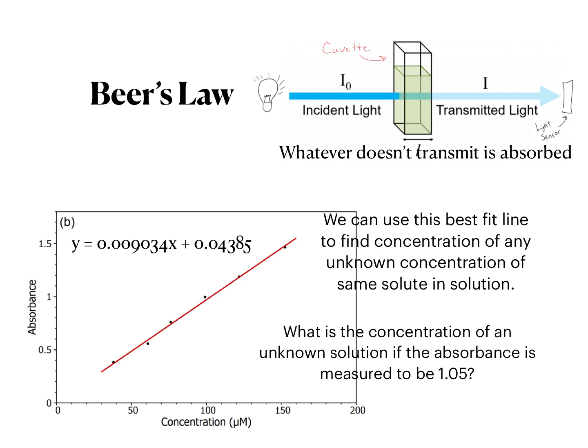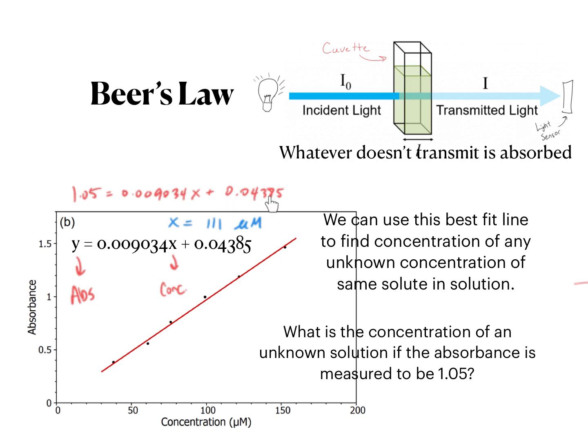You see, in the y equals mx plus b equation, the y variable is the absorbance, which I will abbreviate ABS, and the x here is the concentration. So I will abbreviate CONC. So if I stick 1.05 into this equation, and I solve for x, I can determine precisely the concentration of the unknown.